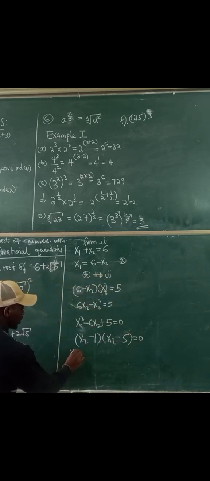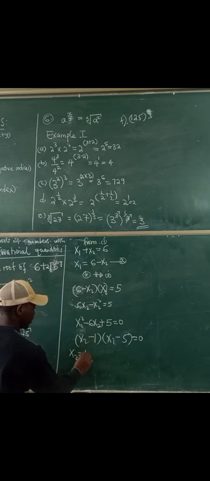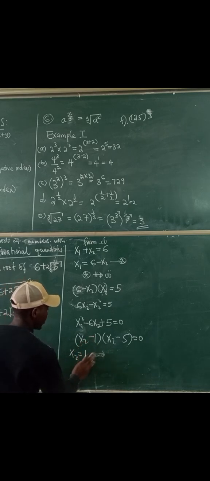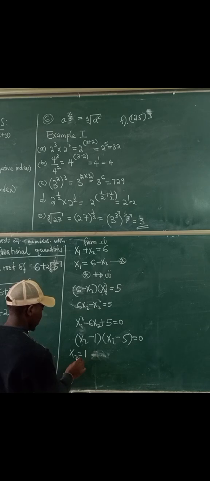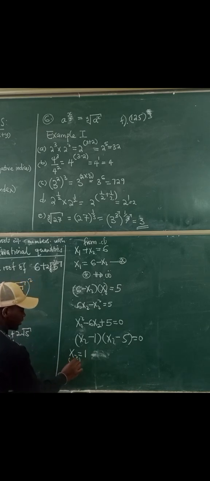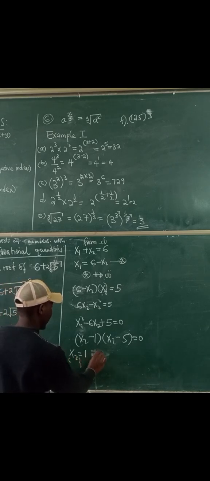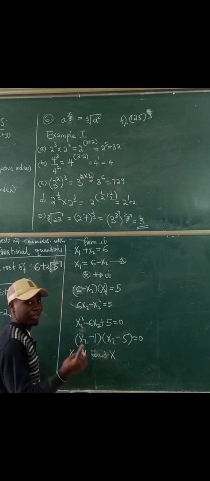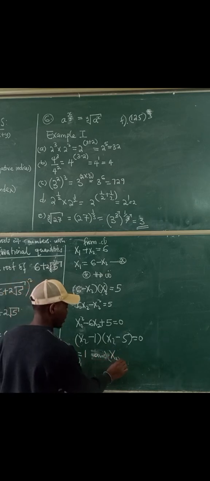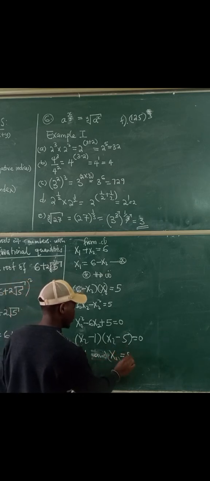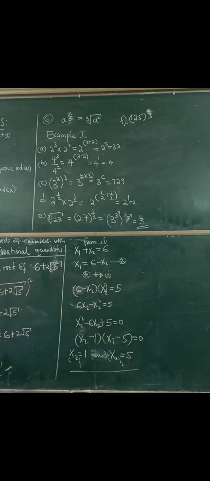So x2 is 1, and another value of x2 is equal to 5.